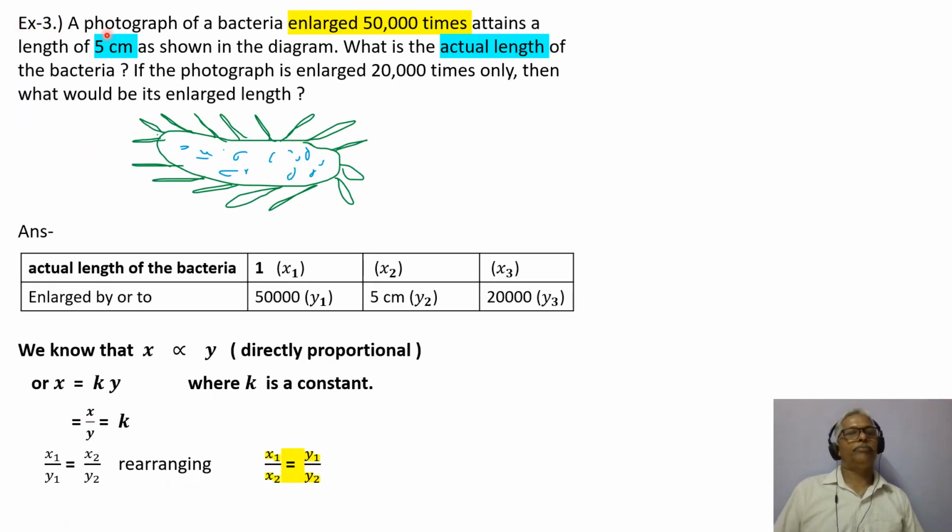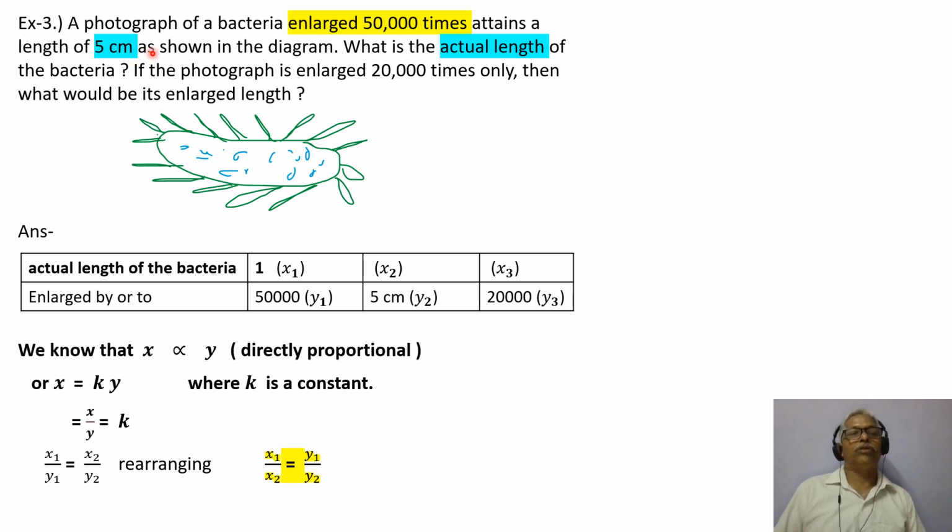For example, read it very carefully. Such type of problems are really very interesting, but you need to read these very carefully and write the quantities in the right place. Okay, go through it. A photograph of bacteria enlarged 50,000 times attains a length of 5 centimeters.